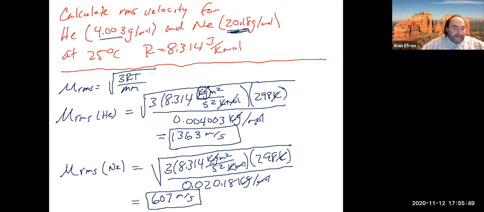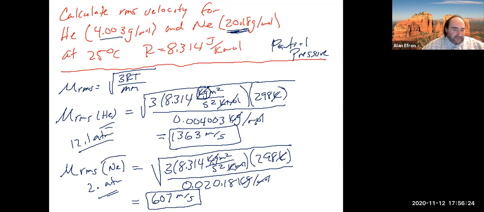Other questions on that? So this is actually the problem that we did earlier. If you remember, we went back and looked at our partial pressure problem that we did earlier, where we did the partial pressure of these two in a mixture. We saw that helium supplies something like 12.1 atmospheres of pressure, while this one, I don't remember what it was, like 2 point something atmospheres. And this is really why that happened in that problem.